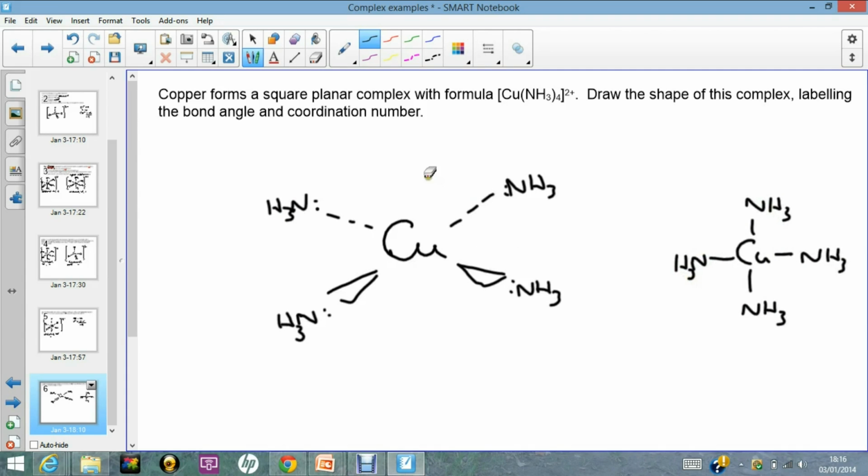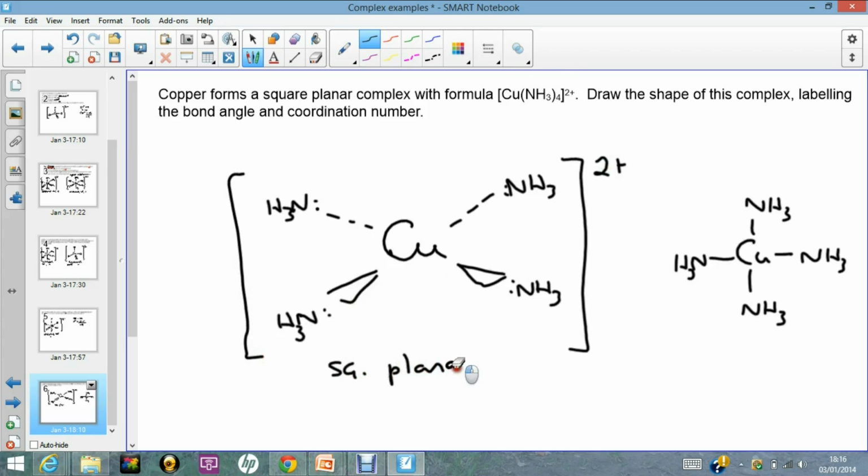But it's more common to use your dashes and wedges bonds to show that you understand that it's in 3D. The formula at the top says it's got a 2+ charge, so I'm going to add my brackets and a charge. Then it says draw the shape, which is square planar, as the question said. Bond angle is 90 degrees, and the coordination number is 4.